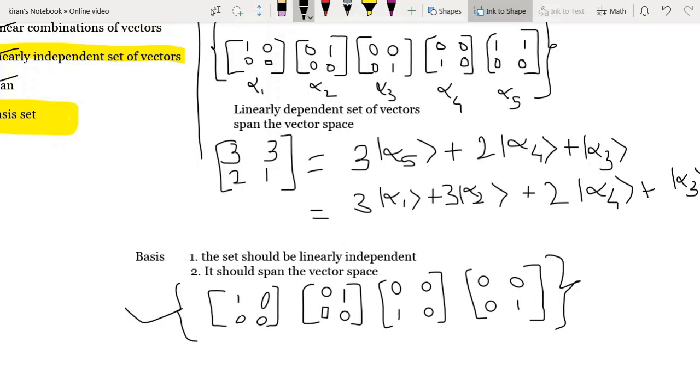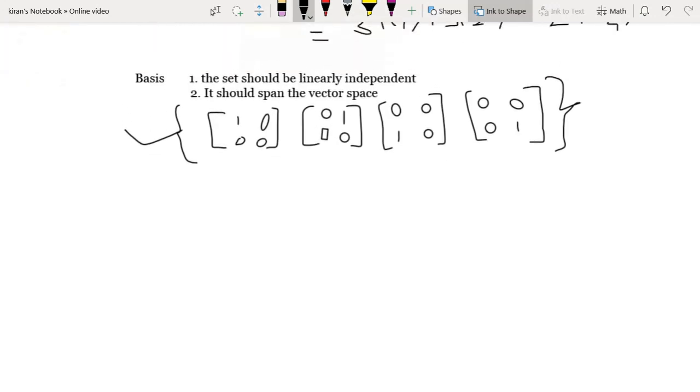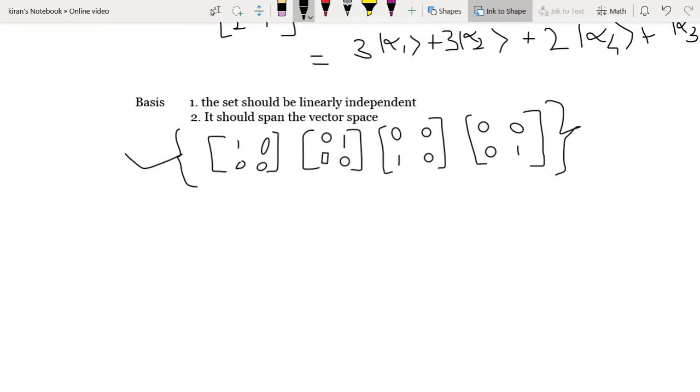Now, is this choice of basis unique? Can I think of some other basis set? Yes, obviously. The choice of basis is not unique. Somebody can say that, okay, instead of using this, I can use this.